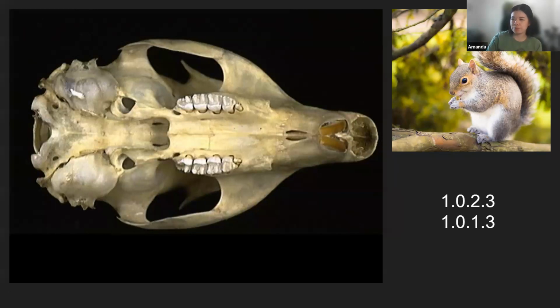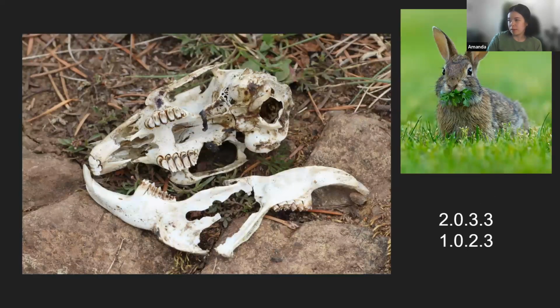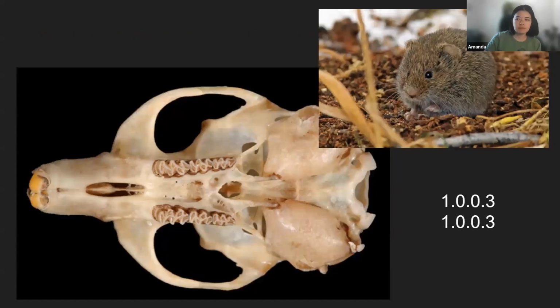They have the same sort of cusp shape that human teeth do, and they're rooted in the same way, compared to some of our other animals, like cottontail rabbit. Cottontail rabbits have more of these oval-shaped teeth, and they have a different number of cheek teeth than most of our rodents.